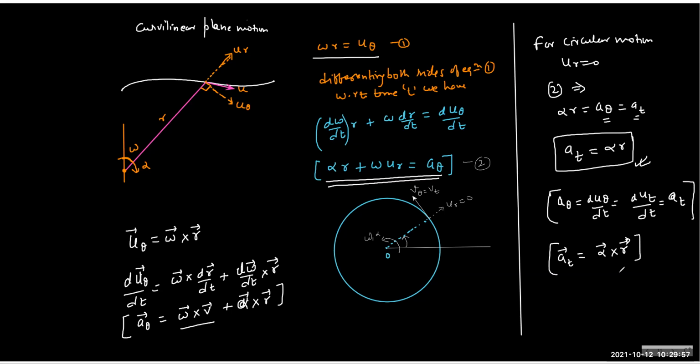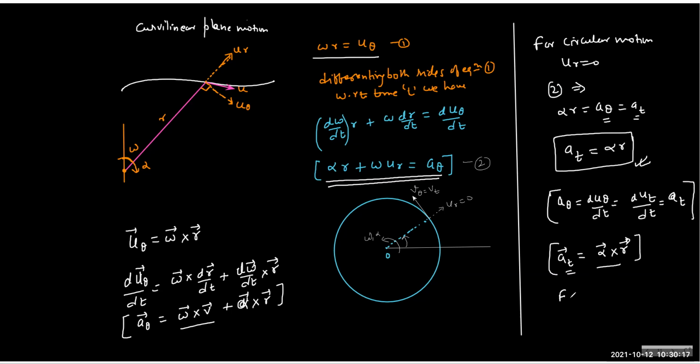Okay. So, sir, acceleration, they are perpendicular to each other. Which one? Alpha and AT are perpendicular? Correct. So alpha is normal to the plane and R is along the plane. So they are always at right angle in circular motion, in a plane motion.